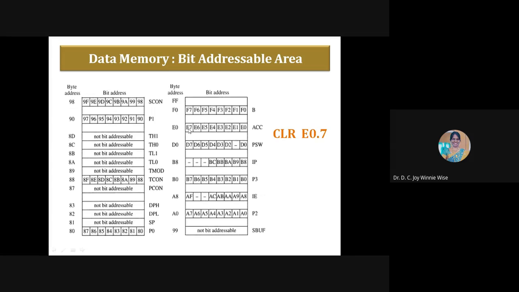This is the main advantage of the microcontroller: instead of clearing all the bits in the accumulator, particular bits can be cleared by this instruction. Again, if I want to clear the 0th bit of the B register, I can write CLR F0.0, because B is available in F0. F0.0 will clear the 0th bit of the B register.